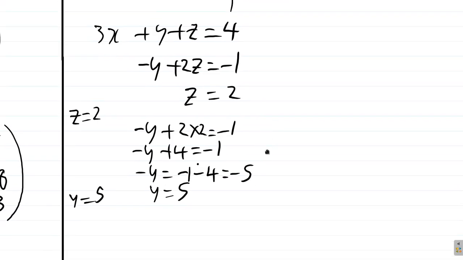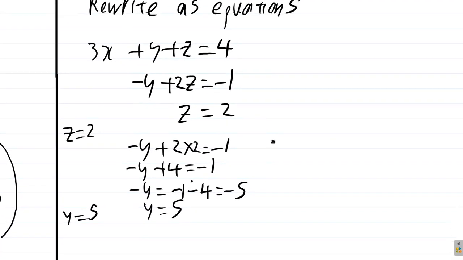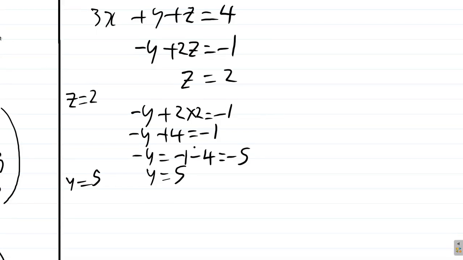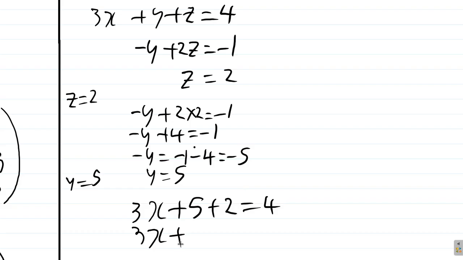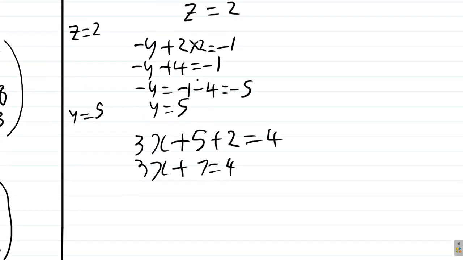We know y and z, so we find x now. Use equation 1 to find x. 3x plus y, which is 5, plus z, which is 2, equals 4. So 3x plus 7 equals 4. So 3x would be 4 minus 7.